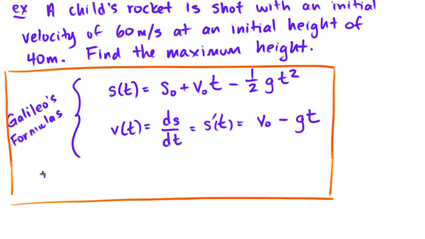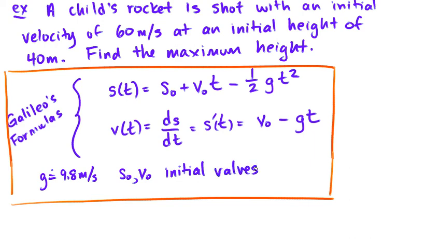And on Earth, g is approximately 9.8 meters per second squared. s0 and v0 are the initial conditions, or initial values for initial height and initial velocity.